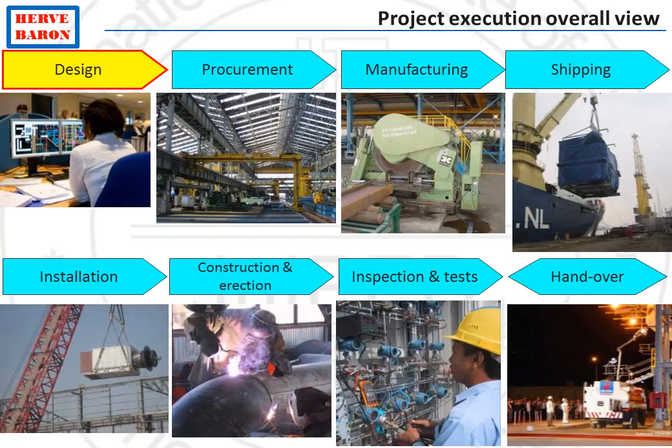Project execution indeed involves not only design, but procurement, manufacturing, shipping, installation, construction, inspection and tests, and handover to the company. So here we are only looking at the first stage of the project, which is the design. Let's see how design is organized.